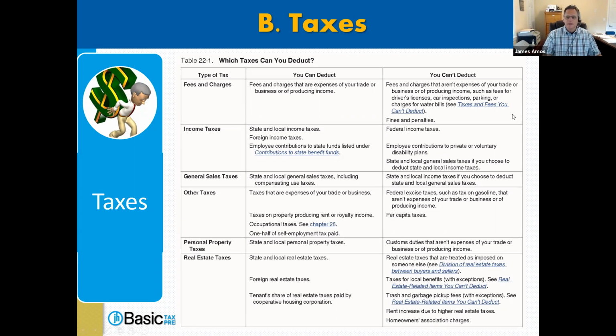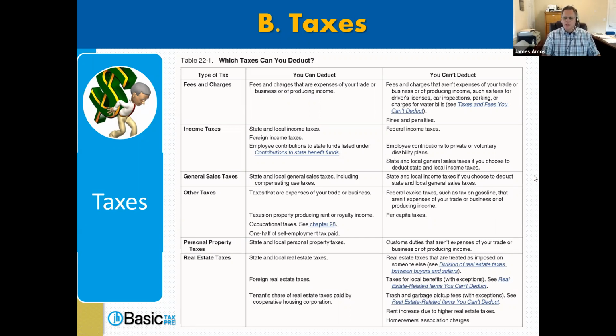So now, what can you not deduct about income taxes? Well, you cannot deduct federal income taxes. Let's make the distinction: what you pay to the IRS, you cannot deduct, but what you pay to Oregon and other states, you can. What you pay to other countries, you can. You cannot deduct employee contributions to private or voluntary disability plans, so private ones.